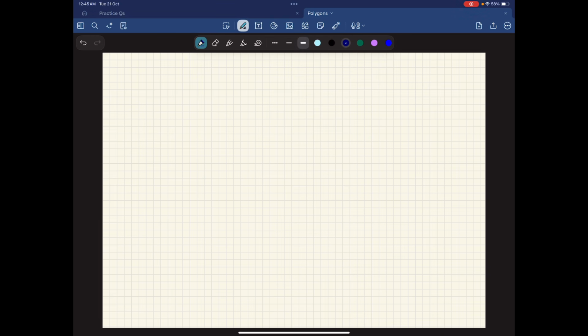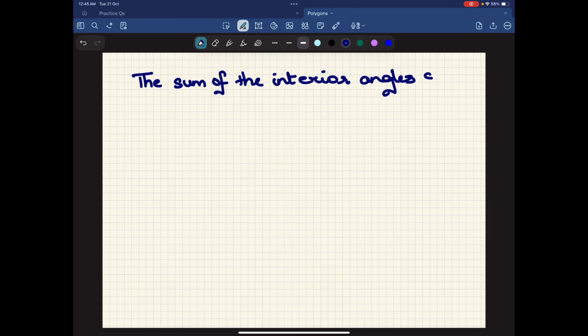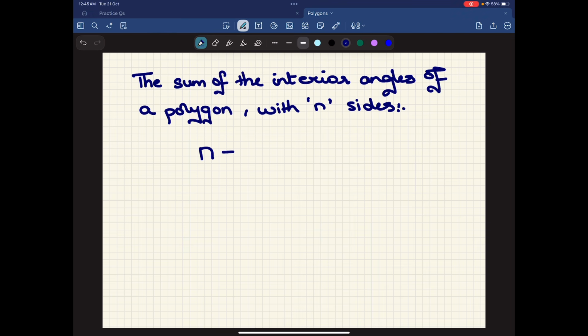So, the sum of the interior angles of a polygon with n sides is (n minus 2) times 180.